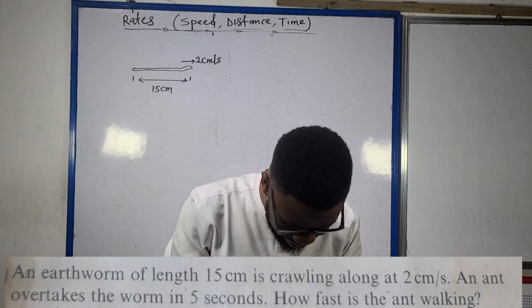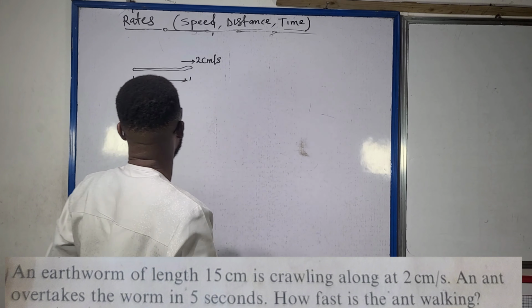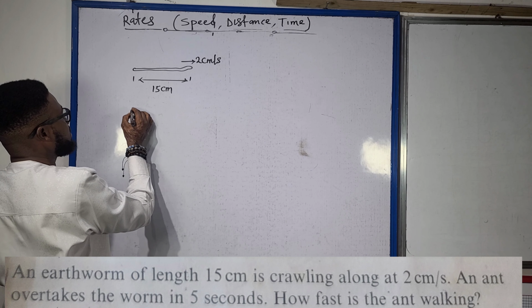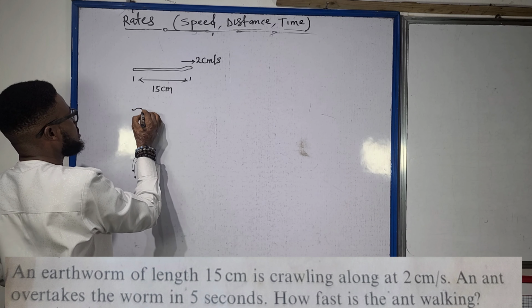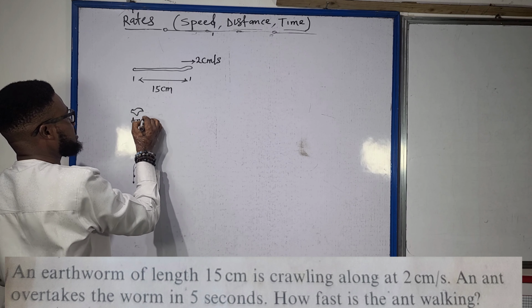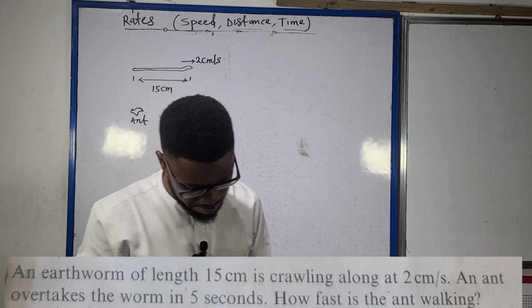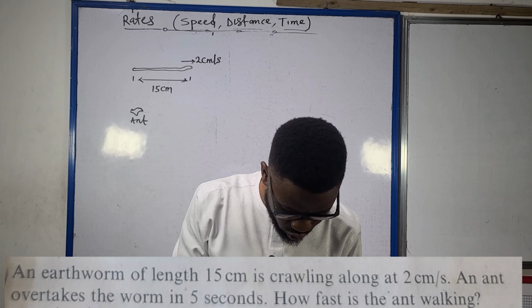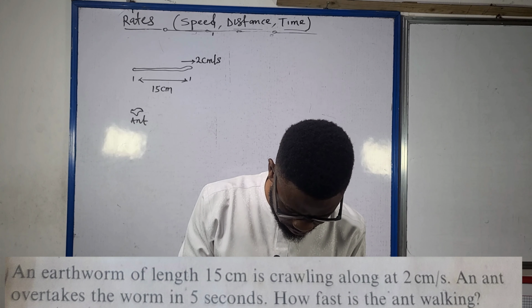An ant overtakes the worm in 5 seconds. So we basically have an ant. Let this be our ant. The question says an ant overtakes the worm in 5 seconds.